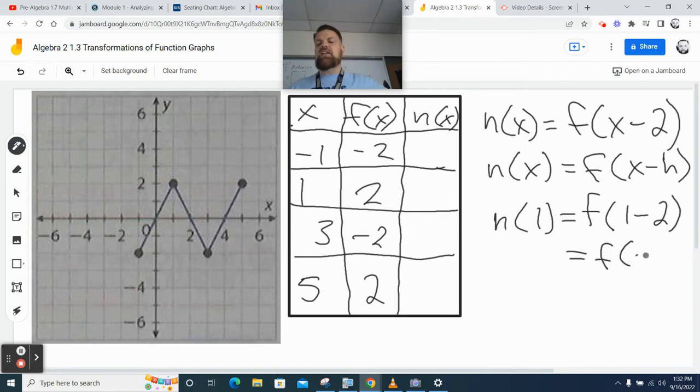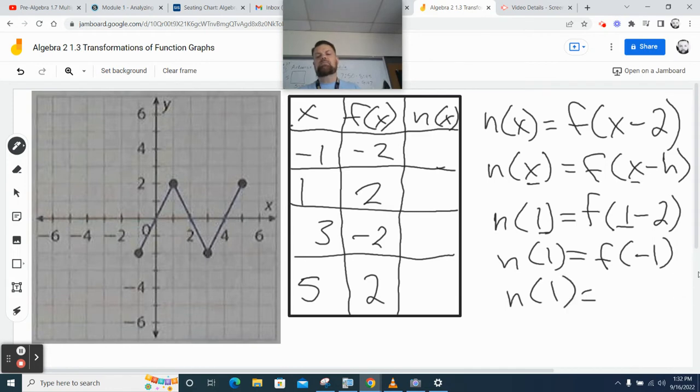Which is -1. So I'm just plugging in wherever there's an x, I'm plugging in a 1, and then my formula had -2. But what's the value of f of -1? Well, the value of f of -1 is this -2 here. So I'm going here, and I'm going to plug in -2.